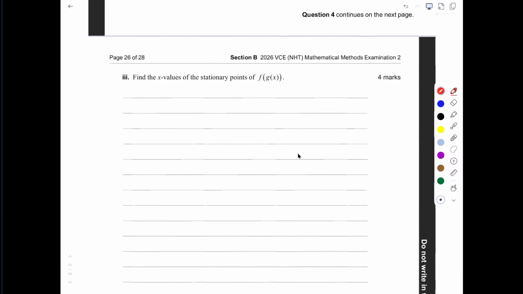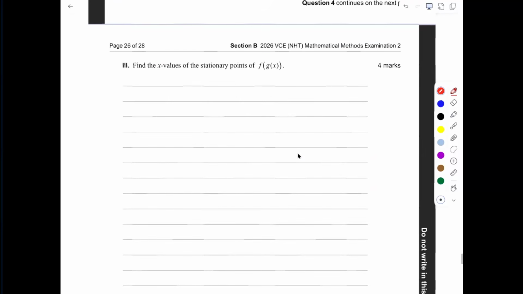Finally, find the x values for the stationary points of fg of x. Well, oh no, dear. This is a composite function. So let y equal fg of x. To find the stationary points, we have to put dy/dx equal to 0. I'm going to use the chain rule: g'(x) times f'(g(x)) equals 0, okay?